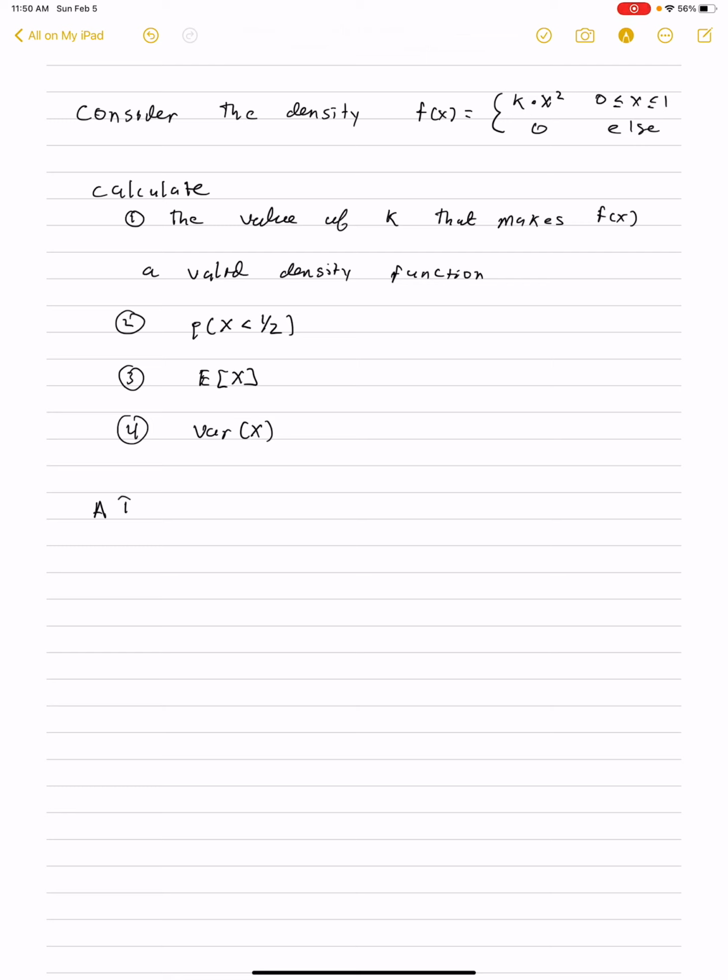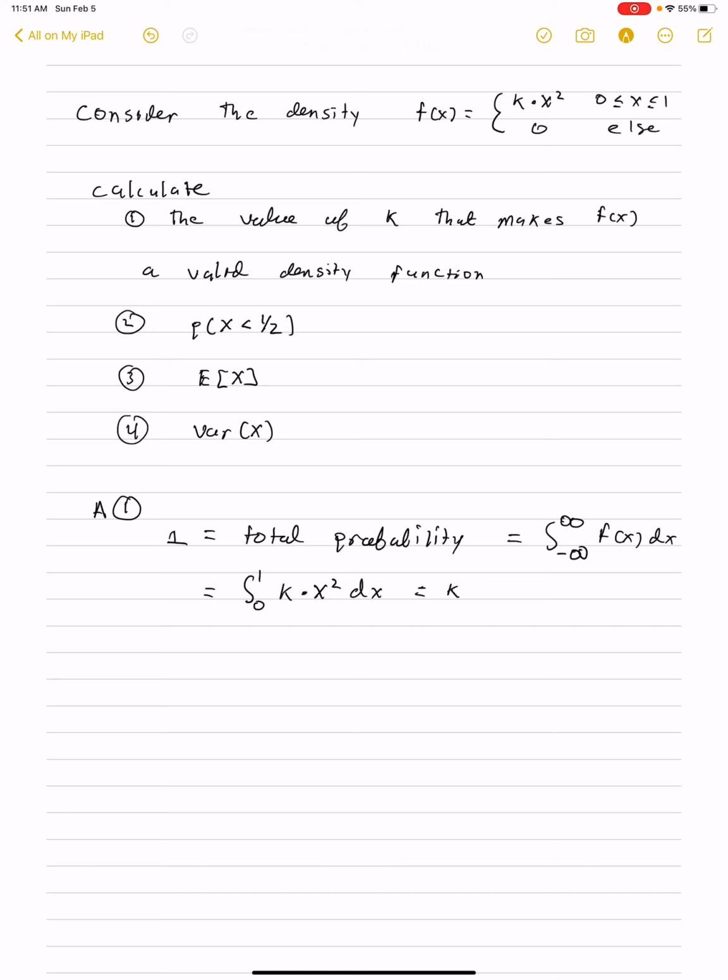So if we answer the first question, we should remember total probability is 1. And this is the integral from minus infinity to infinity of f of x dx. But remember, the function is only non-zero on the interval from 0 to 1, so we just integrate from 0 to 1.